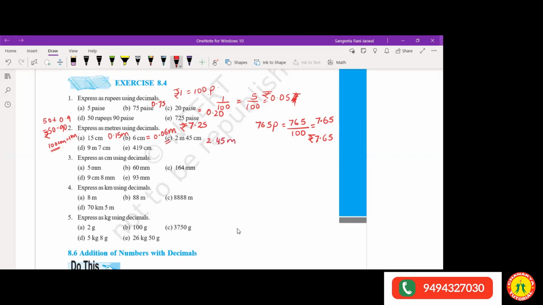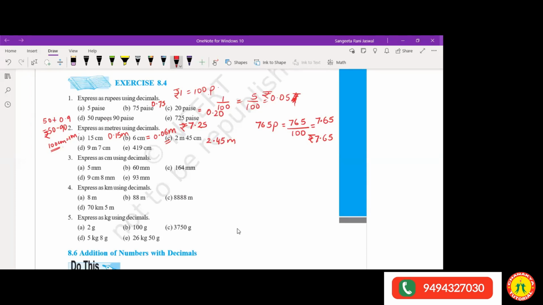Very good. Because 2 is already in meters, we just need to convert 45 centimeter to meters. By dividing by 100, I get my decimal point, leaving 2 digits from here. So that becomes 0.45.